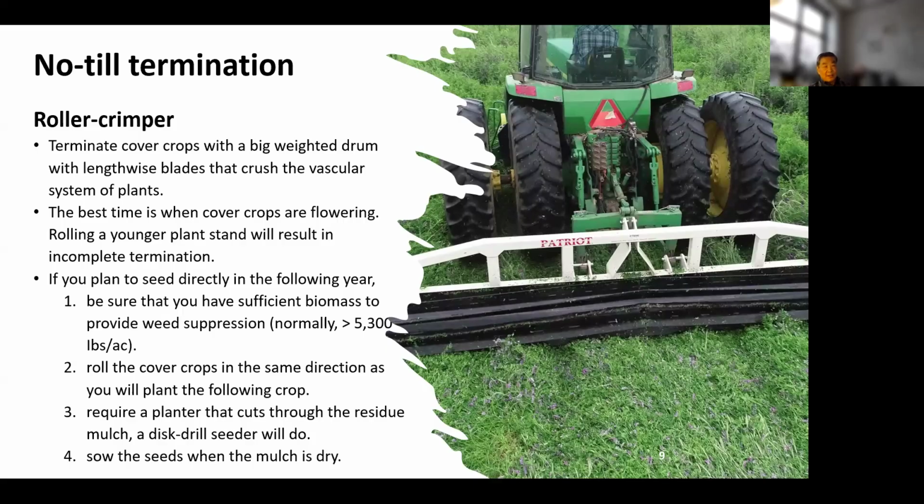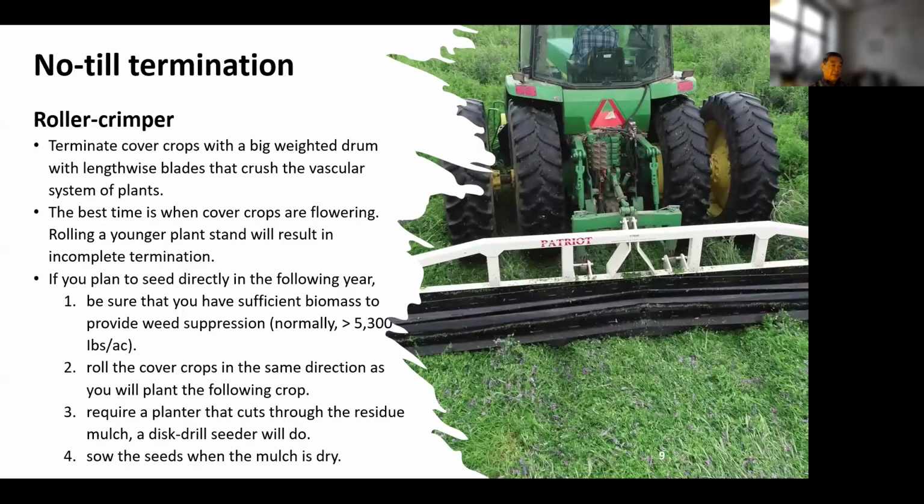Normally, greater than 5,300 pounds per acre. For a multiple species cover crop, this target is not very hard to achieve. It's pretty easy to get over 8,000 or even more pounds per acre of biomass.